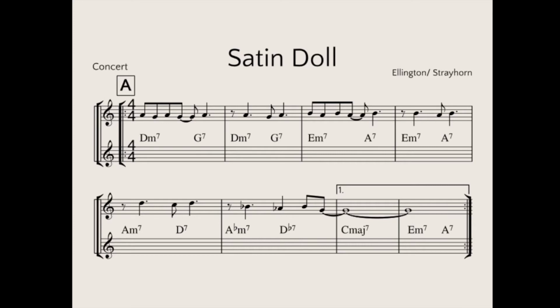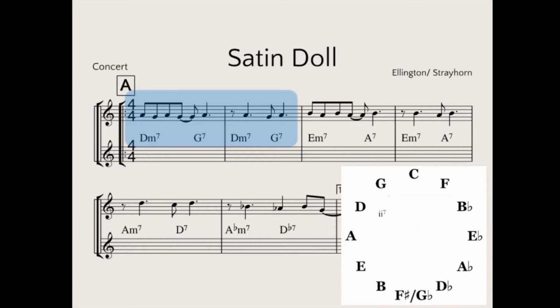Let's look at the first 2 bars and check it against our cycle of fourths. And you can see that they come from C major, which means the tonal centre here is C. If we look at bars 3 and 4, which have a similar sequence but a different key, the tonal centre is from D major.